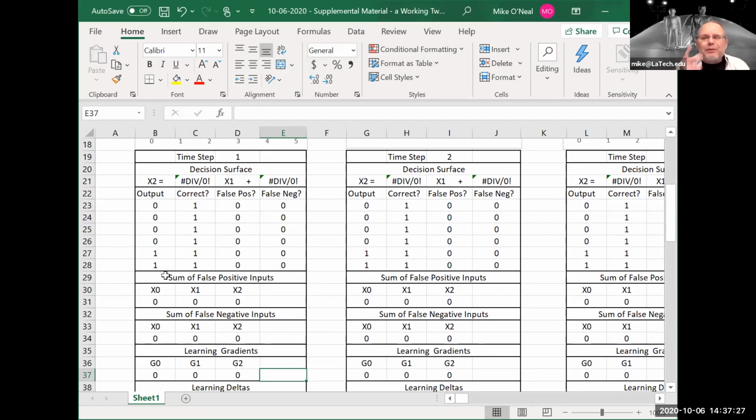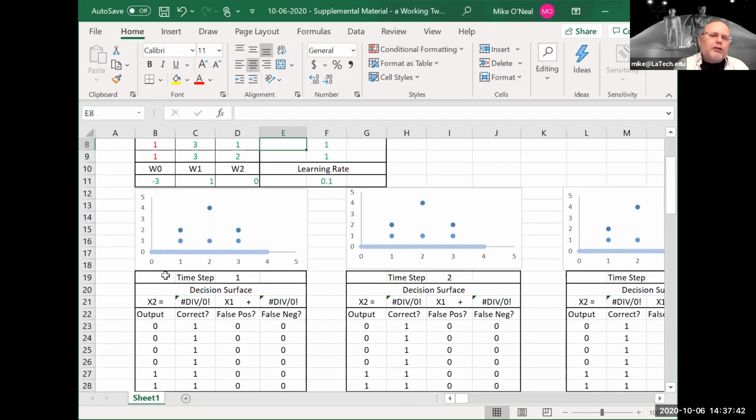Now, I can make that happen when I only have 2 inputs and I play around with the weights, but in general, that's not going to be the case, right? Okay, so that was 3, 1.